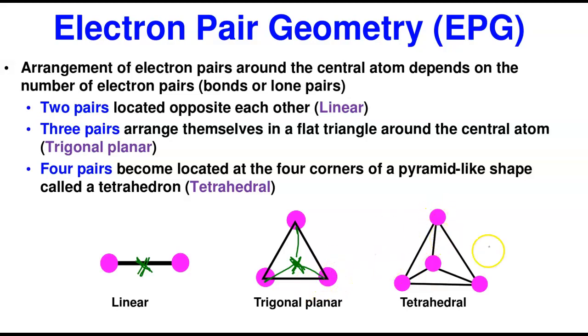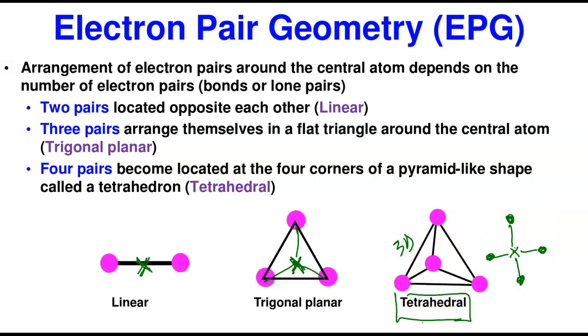Again, if there are 4 things attached around this atom, I drew this like a 3D. If I have something like this, 4 things attached around the central atom, it's going to assume a tetrahedral shape.